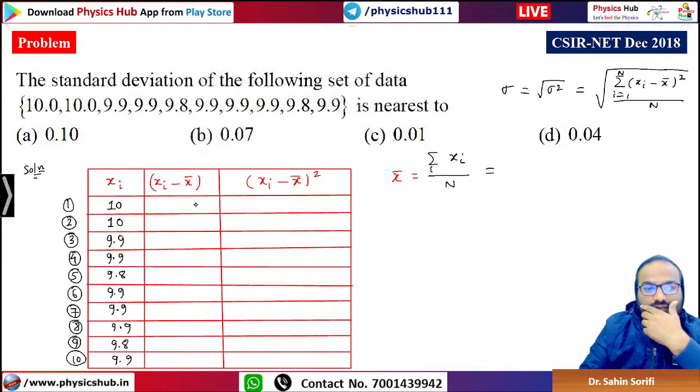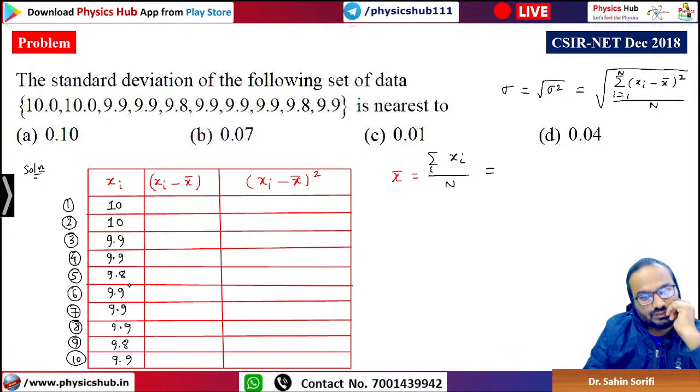You have to add all these values. 10, 10, 9.9, 9.9, 9.8. How much? 99 you will get.